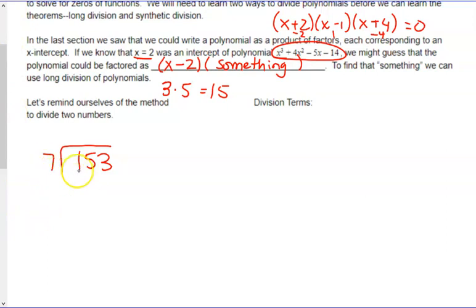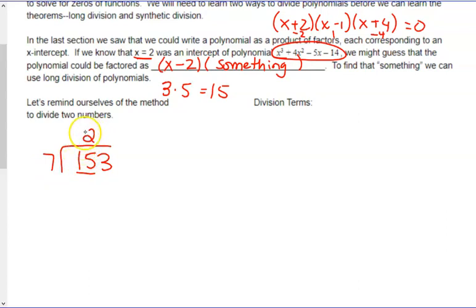Or how many times will 7 go into 1? Well, in that case, the answer is nothing. There's 0. So we extend it to, okay, now what do I multiply by 7 that would go evenly or up to 15? Well, in that case, 7 doesn't go evenly into 15, but it can go in twice.